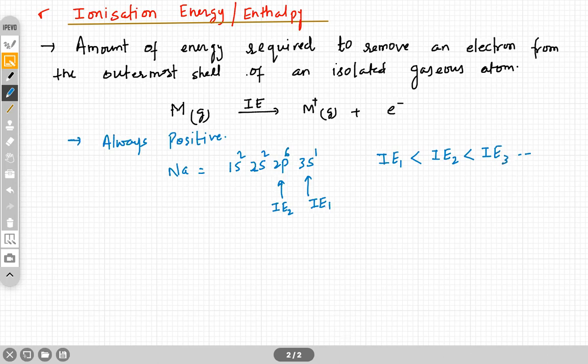As you go closer to the nucleus, the energy required to remove an electron is more. Yeah, correct. Generally, we provide energy in the form of heat or light. That's correct.